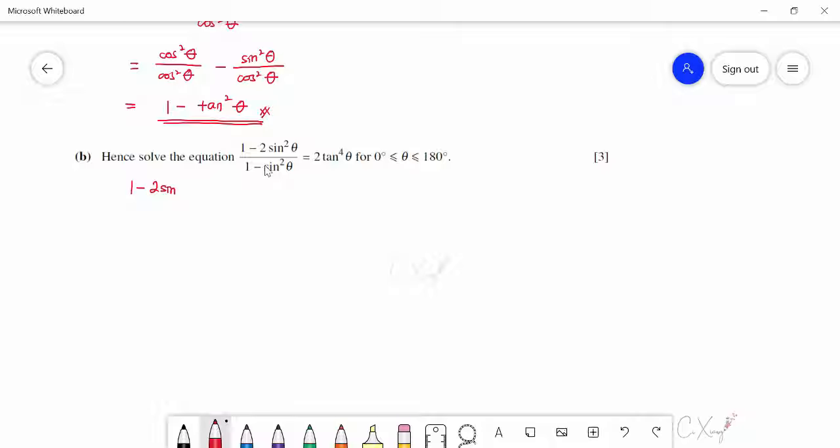In the first part, they actually asked us to show that this expression can be written as 1 minus tangent square. So to solve the equation here, I can straight away substitute the result that I proved just now, which is 1 minus tangent square theta equals 2 tangent power 4 theta.